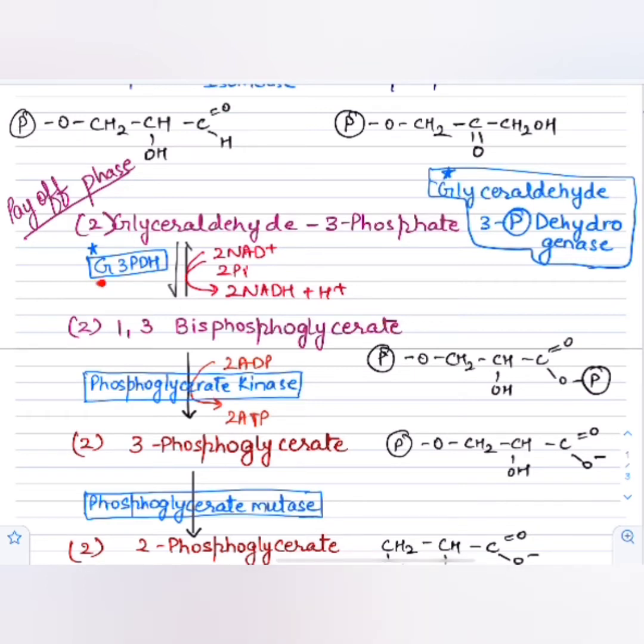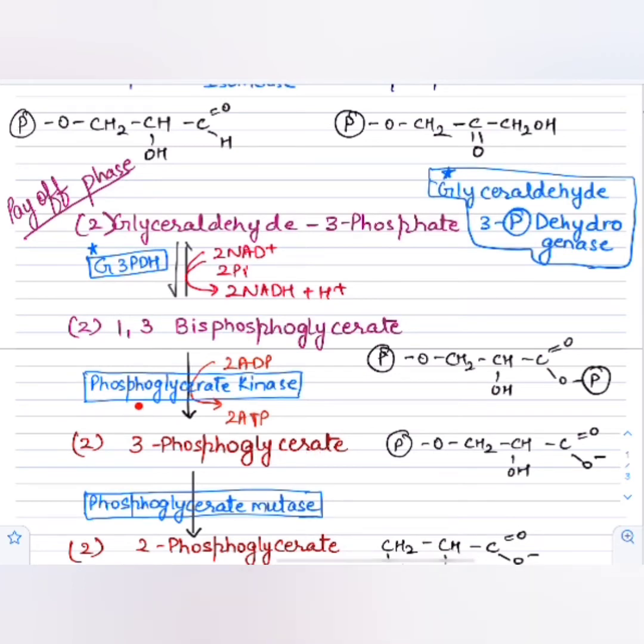So NAD is the coenzyme for the reaction. G3PDH, that is glyceraldehyde 3-phosphate dehydrogenase, is the enzyme which catalyzes this conversion, and NAD+ converts into NADH plus H+.